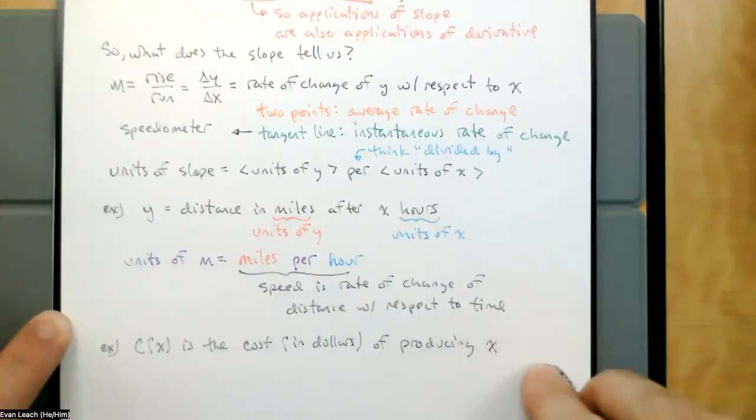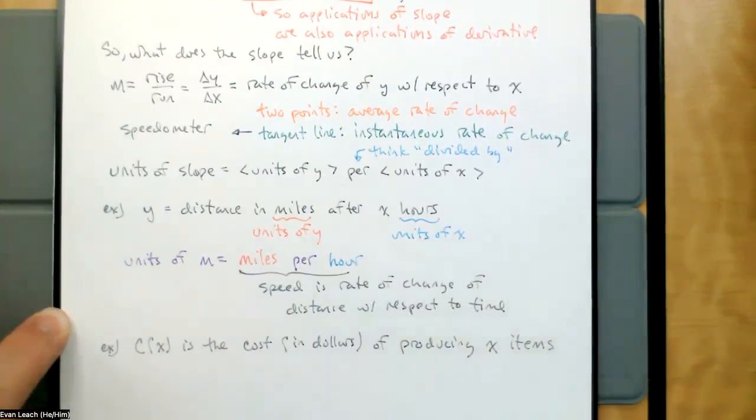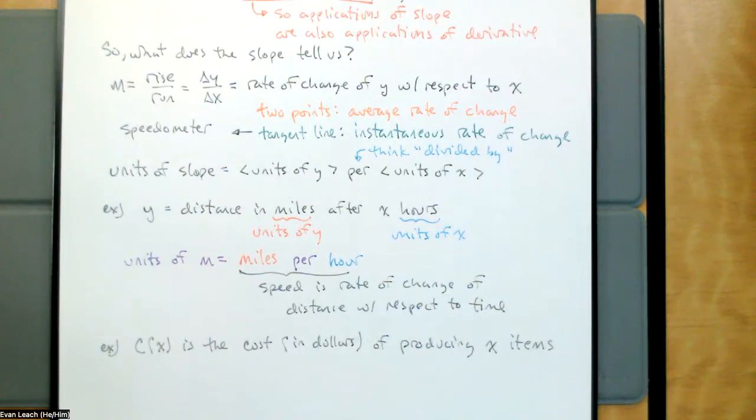I don't want to use units, even though units is better. Let's say X items. So we're running a business, we produce items that we then turn around and sell. It costs us money to produce those items. C of X will be the cost in dollars of producing X number of items.